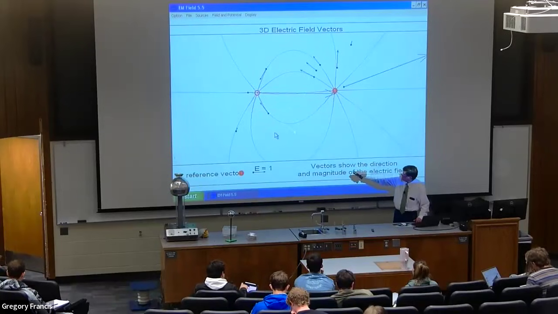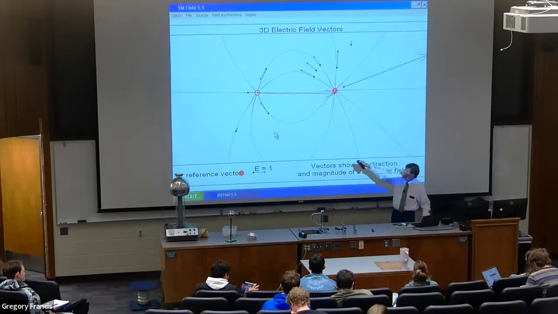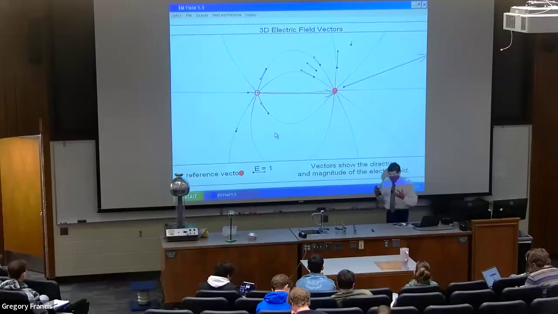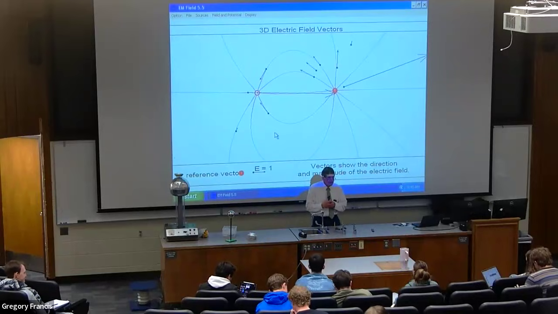So by looking at that arrowhead, you would know that this is a positive charge and this is a negative charge. By counting the number of field lines, you would know that the size of the charge is a 5-to-4 ratio: I've got 10 field lines around this one and only 8 around the other one. So it's a way of seeing the relative strength of the field and the direction.